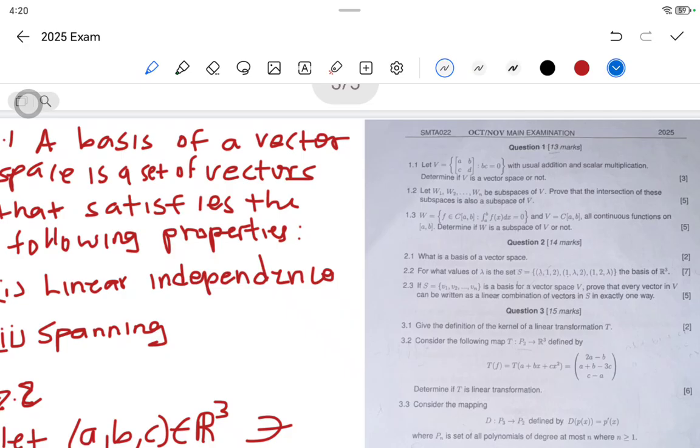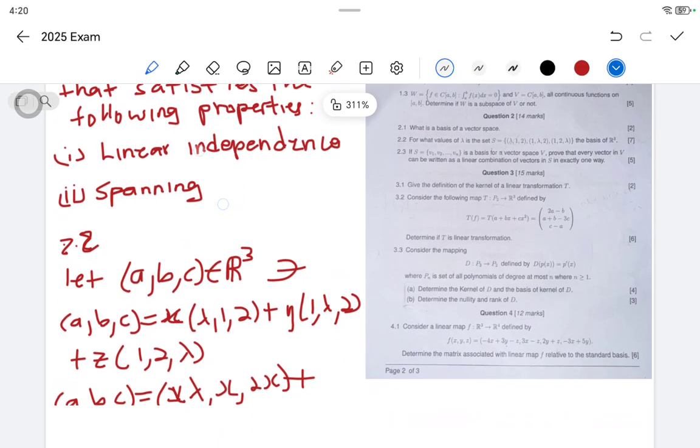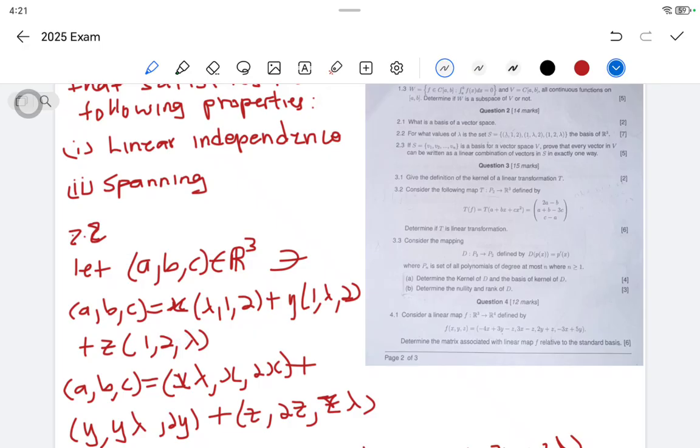Alright, we're just going to go to question 3. Now, with question 3, they say: give the definition of a kernel of a linear transformation T. They want the definition of a kernel of a linear transformation T. It's 2 marks.